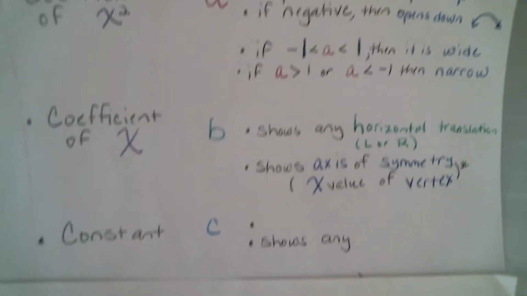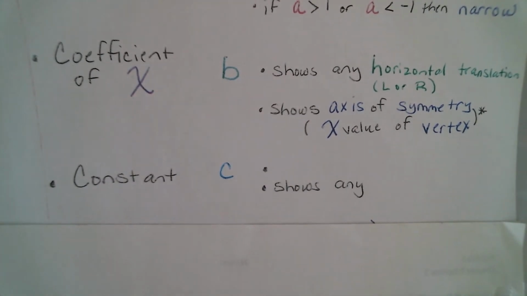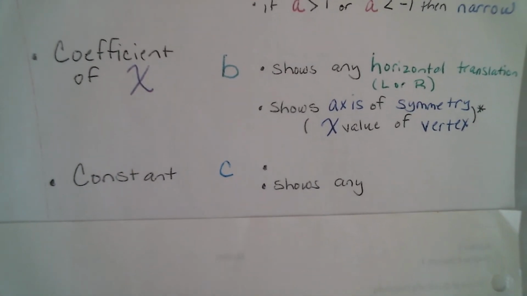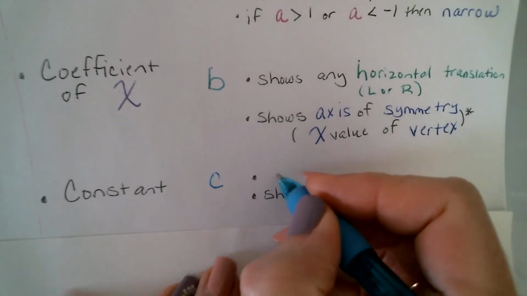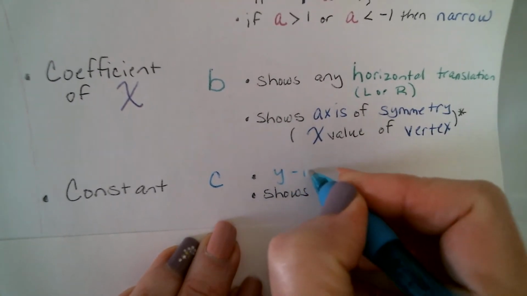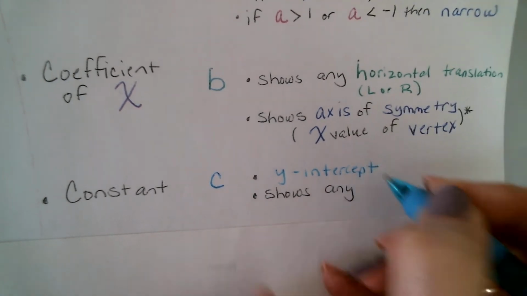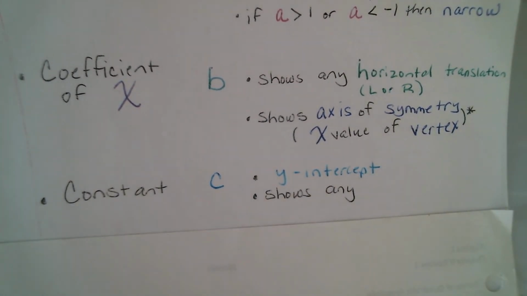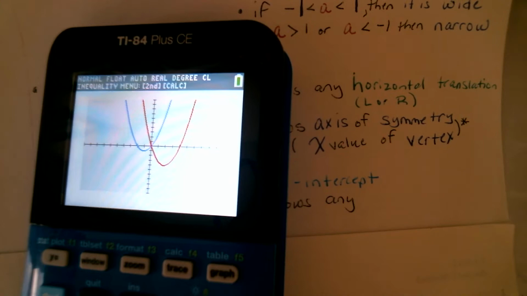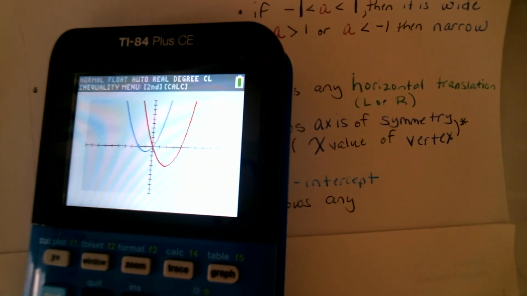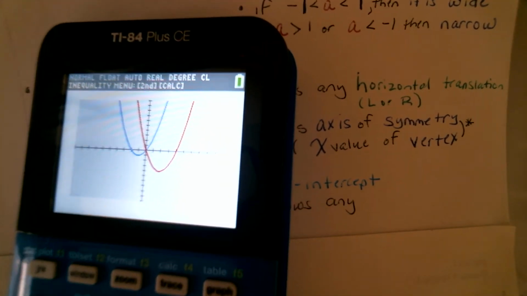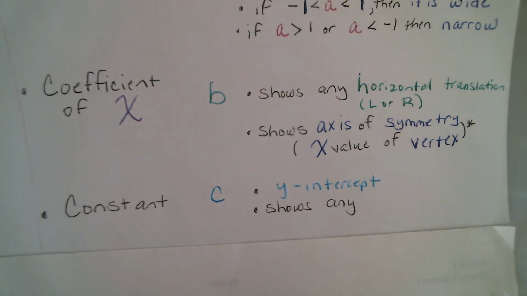Okay, and now let's just talk about the last thing, which is our constant, or C, or whatever it is we're adding or subtracting, right? That, if you remember, in standard form, is the y-intercept. Okay, so if you look at the graph that we were just looking at, they both still have a y-intercept of 0, don't they? That's why that had to shift down to keep the same shape.